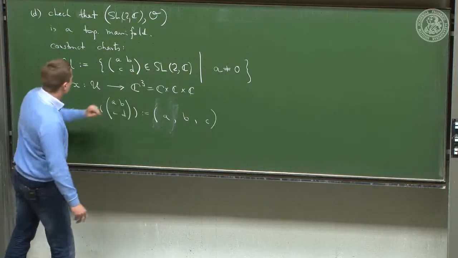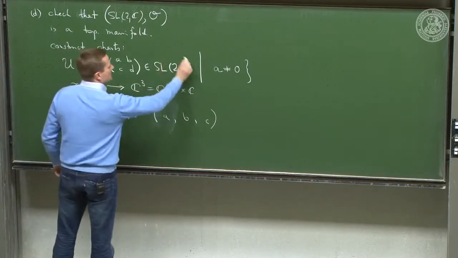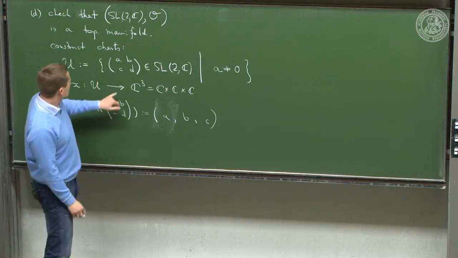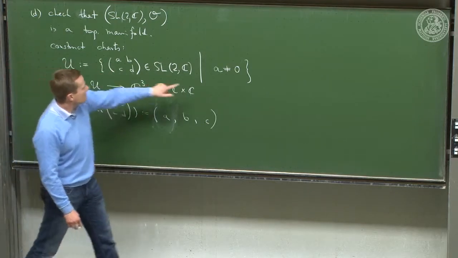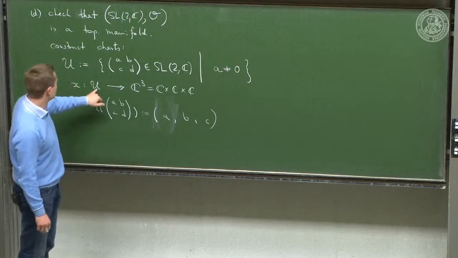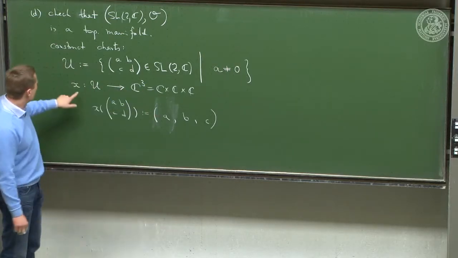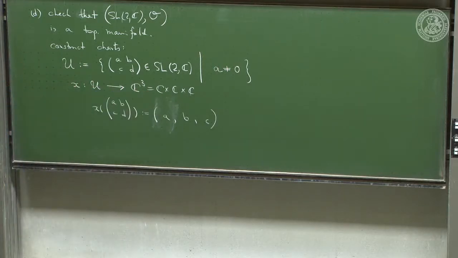This is a map. It goes from here to here. SL2C being a topological space, I can decide what it means to be continuous, and this is an open set, because I say not equal to 0. This produces an open set in that topology, and I can now decide whether this map is continuous.